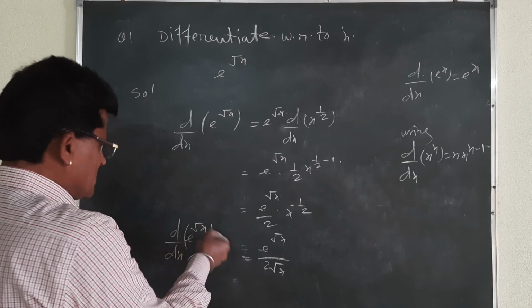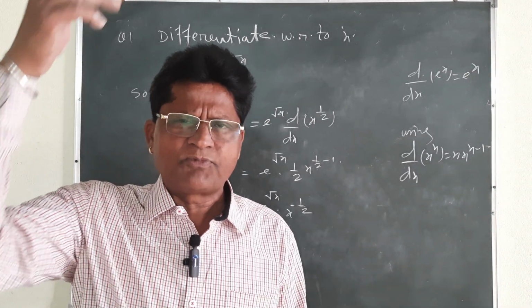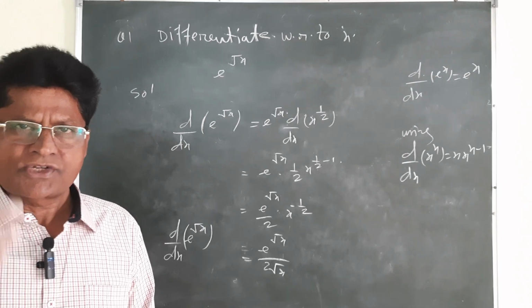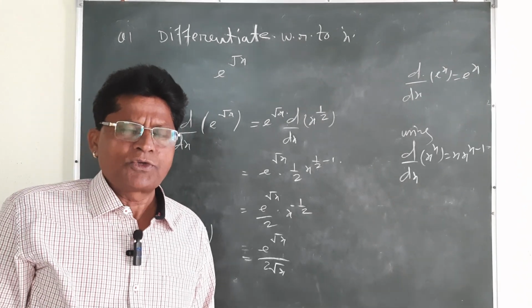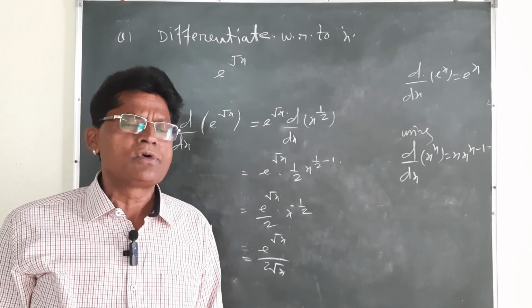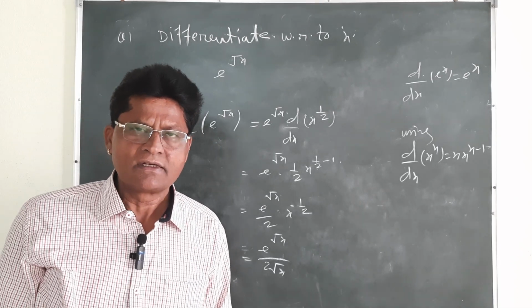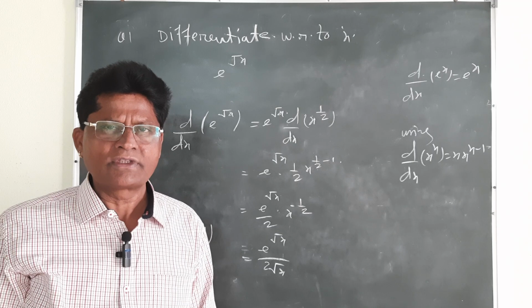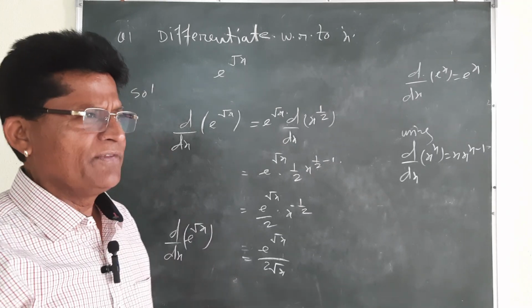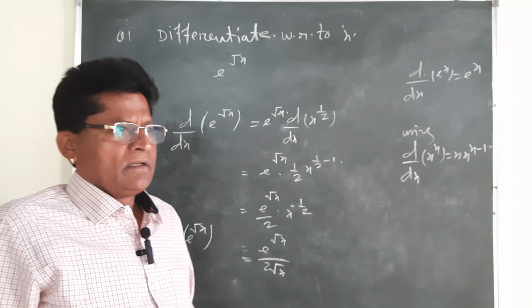Very important, my dear student, several times it is asked for 1 mark or 2 marks in the examination. More than 20 questions come for 1 mark, 21 to 25 come for 2 marks, and then for 3 marks, 4 marks, up to 37, 38 questions. And very simple questions.